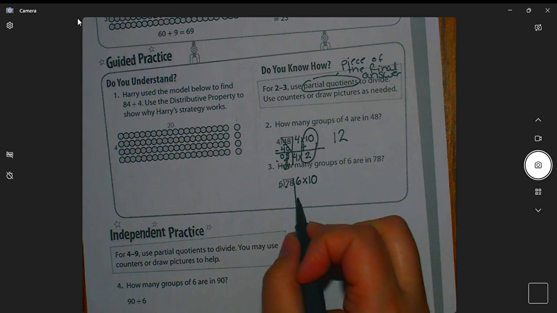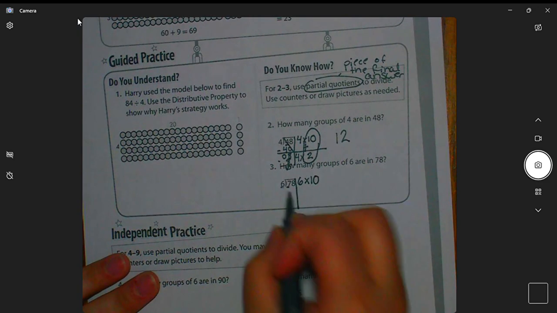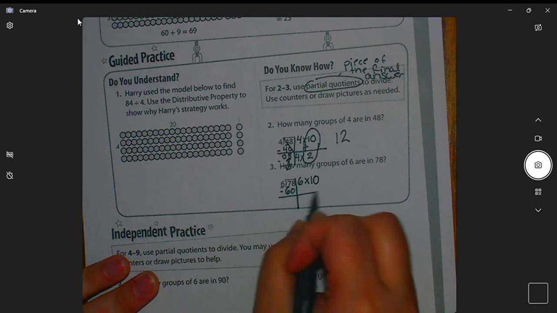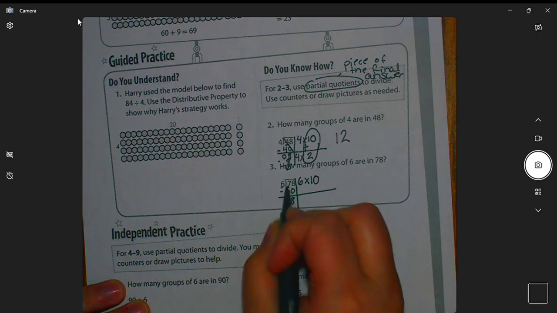I'm going to count by tens again just to make sure. 10, 20, 30, 40, 50, 60. It is 60. Eight minus 0 gives me, right, 8. 7 minus 6 gives me, oh, you're so smart, 1.